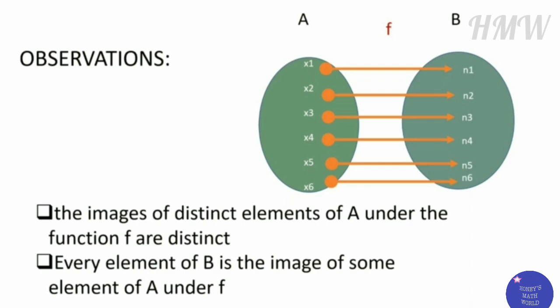That's the first quality. Second, every element of B is the image of some element of A under f. That means nothing is left out in B. Every element in B is related to some element in A. So these are the two special qualities we observed.